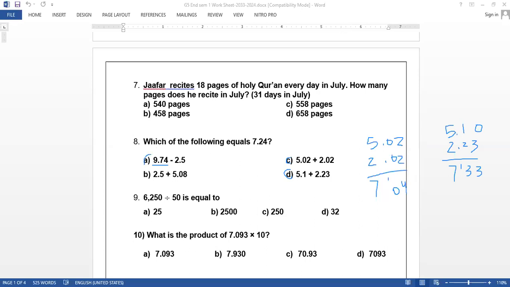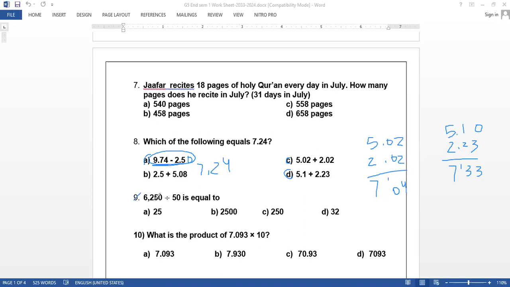Let me redo. I bring the other number. Let me try A again. Here, I put 0. 0 plus 4, 4. 4 minus 0, 4. 7 minus 5, 2. Yes, this was the answer. The answer is A.